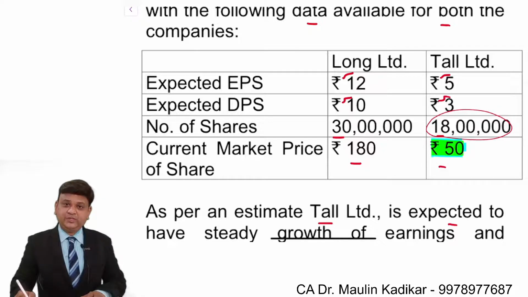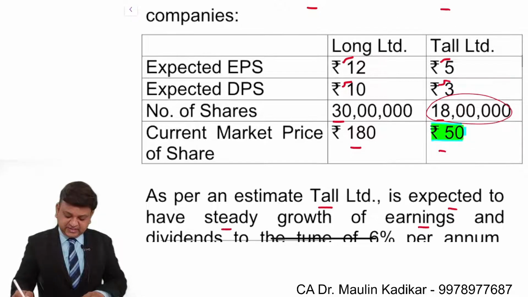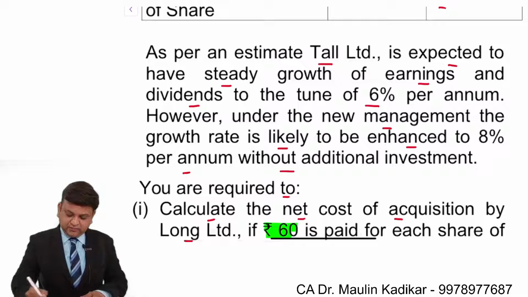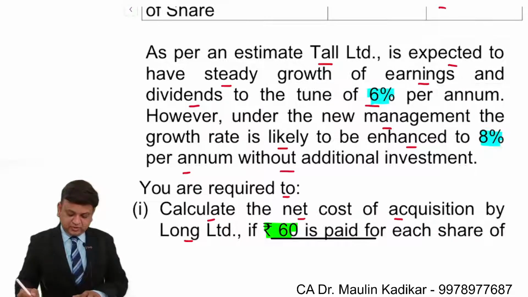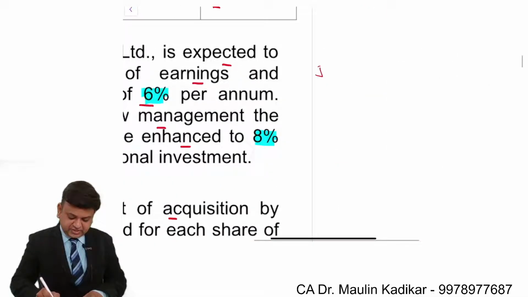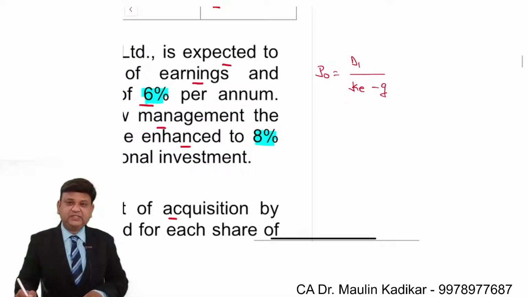How can we compute the same? We understand that there is a change in the growth rate from 6% to 8%. So we are required to use the formula to calculate the price of equity share as D1 divided by K minus g. This is the way we are required to apply the formula.